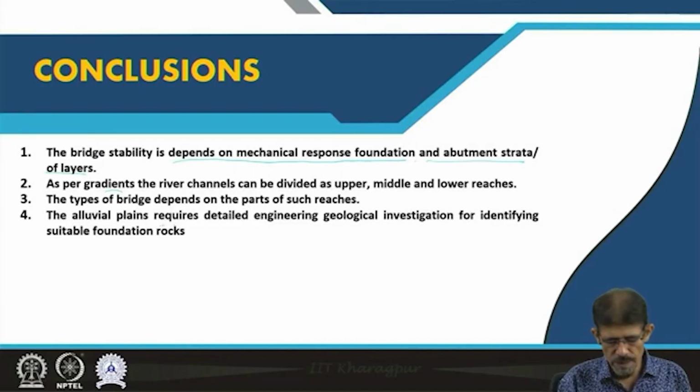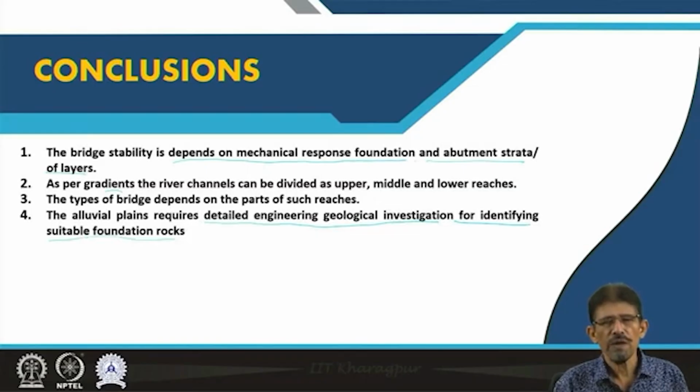Alluvial plains require detailed engineering geological investigation for identifying suitable foundation rock, because the alluvial plain consists of different layers of soil as well as rock strata at considerable depth. Therefore, detailed investigations are required to identify suitable sites for construction.